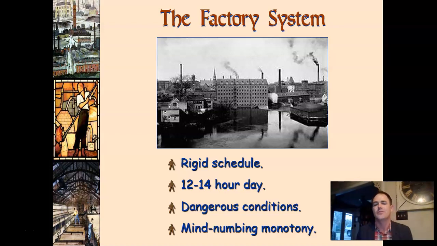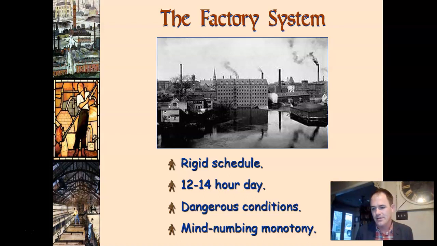Just think of school. School is modeled on a factory system where you have a rigid schedule, and there's a certain period of time you're at school, and you have the bells that organize your movement. That is on purpose. That was created to help children learn how to adhere to this factory system model. And it really takes the creativity and the independence away from workers, because in a factory you are just doing mind-numbing work, right?